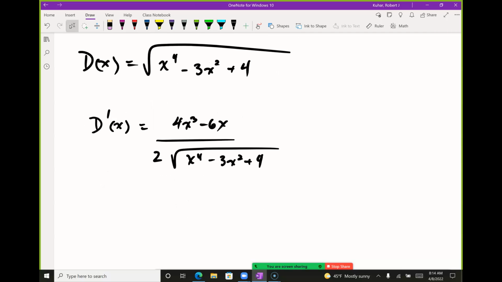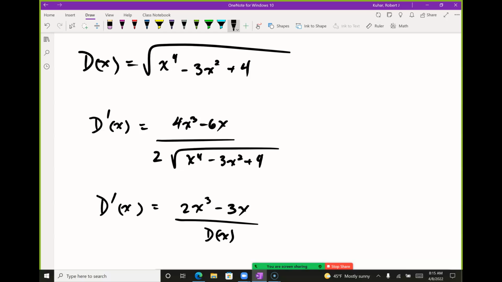So I like to notice that I can see my original distance function in here, and I think it makes it a lot easier just to put that in as d, right? So I'm going to say d prime of x is 2x cubed minus 3x over d of x. Right? I canceled the 2. And I noticed that that square root is my original function.